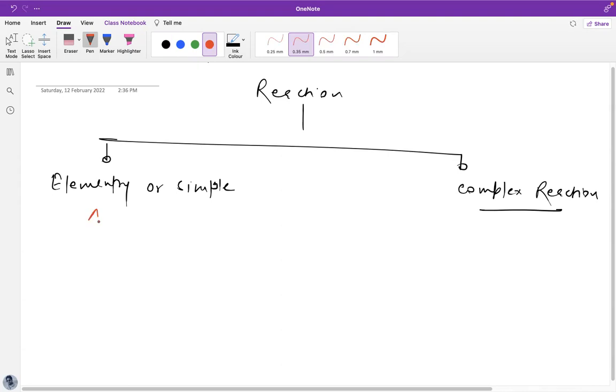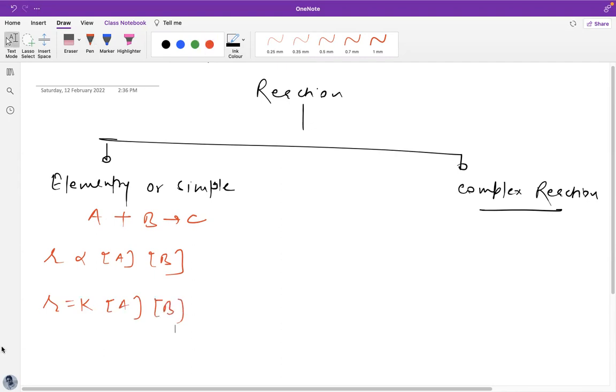Suppose we have A plus B going to C. We can define the rate: the reaction rate is directly proportional to the concentration of A and the concentration of B. So rate is equal to K, A and B like this. Suppose here it is 2A, then the stoichiometry gives the power like this. And B is 1, so you can write 1. Now what about a complex reaction?